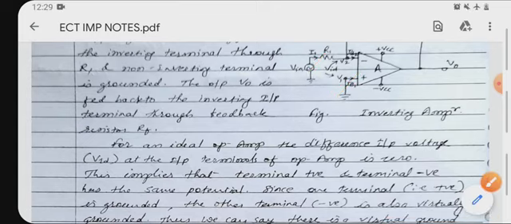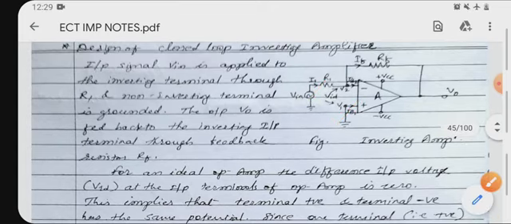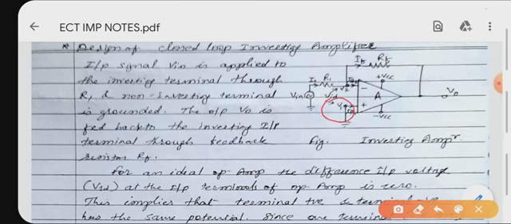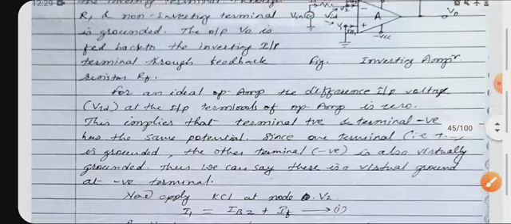V1 is the voltage present at non-inverting terminal, and V2 is the voltage present at inverting input terminal. Vin is the input voltage applied to the inverting input terminal. So you can see the nomenclature given here. So this derivation can be asked in the exam.